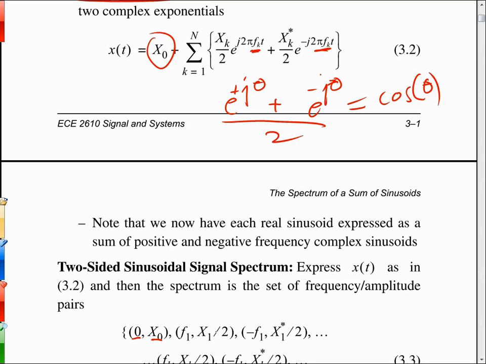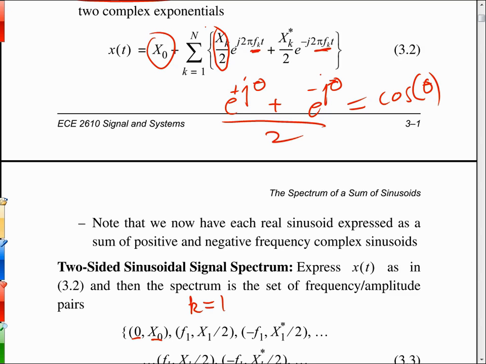When you go ahead and look at the first term in the sum, when k is equal to 1, we have a frequency f1, and then we have a coefficient x1 over 2, because we're taking that 1/2 from the Euler expansion and lumping it in with the coefficient.